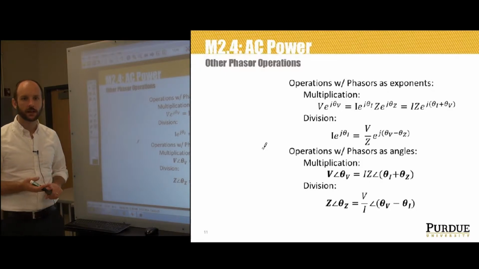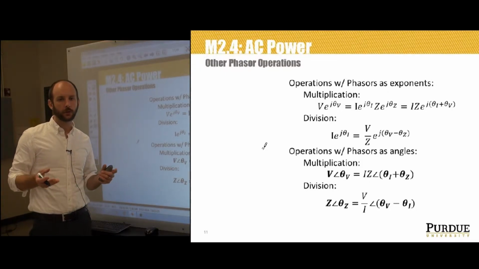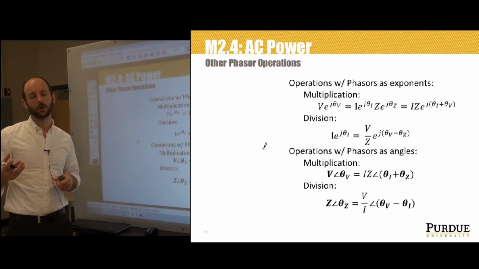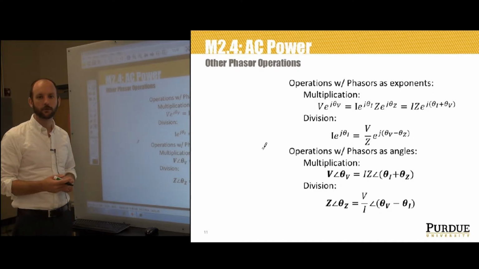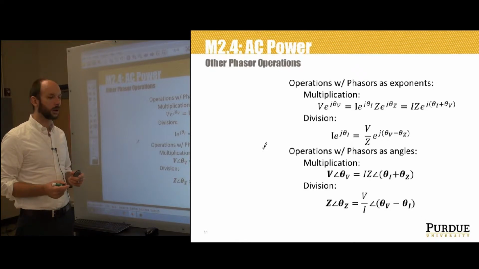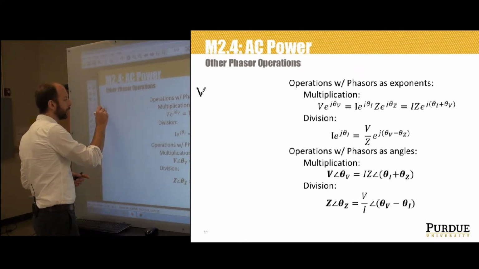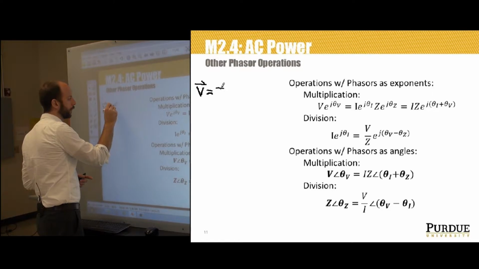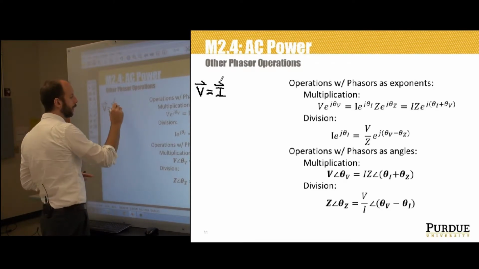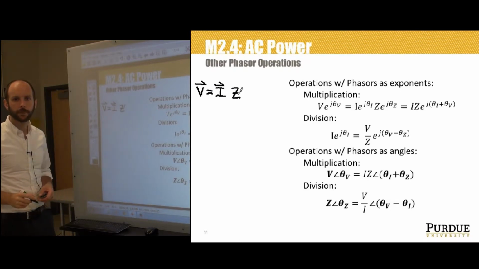Ohm's law, KVL, KCL, all of these rules that you've learned for circuit analysis are going to apply to voltages and currents in phasor forms. So let's write KVL in phasor form. It is the voltage phasor is equal to the current phasor times the circuit impedance.